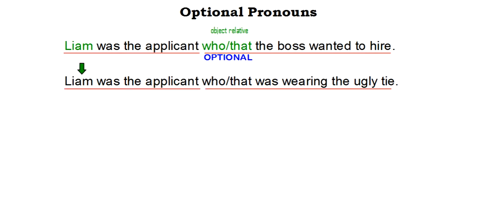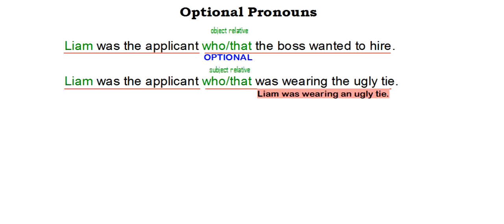Here's my subject, Liam. Where's the other subject? There's no obvious subject in the second clause, because what I'm really saying is Liam was wearing an ugly tie. I'm referring to the same subject. So the who or that is replacing the subject of the clause.